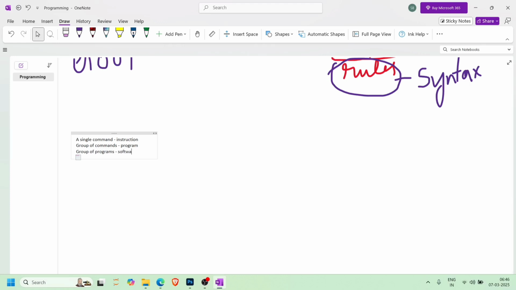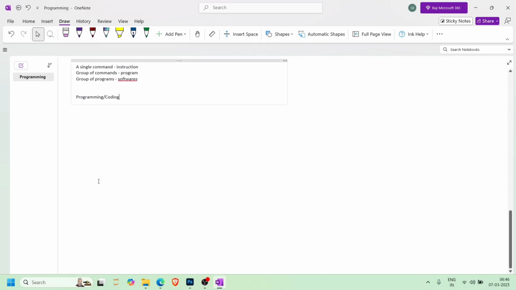A group of programs is called software. The process of writing this software is called programming, or we can call it coding. So coding is the process of writing instructions. It may be a single instruction or a group of instructions. I think you have understood what is programming or coding.